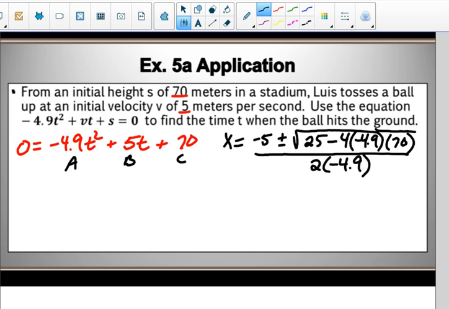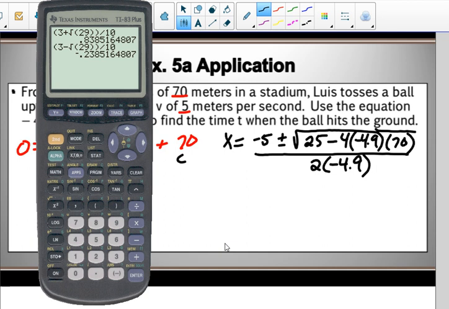So now we're going to have to use our calculator to do some of the calculation here. So I have 25 minus, I'm going to do parentheses, I have 4 times a negative 4.9 times 70, and parentheses, hit enter. So I have 1,397.